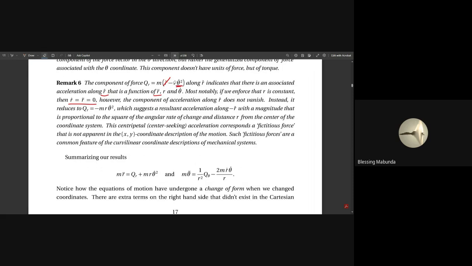And this suggests a resultant along minus r hat with a magnitude that is proportional to the square of the angular rate of change, with that being theta dot, and distance r from the center of the coordinate system.